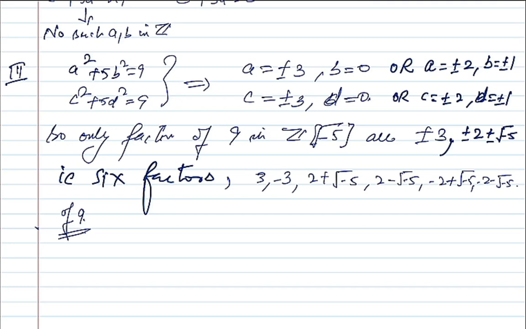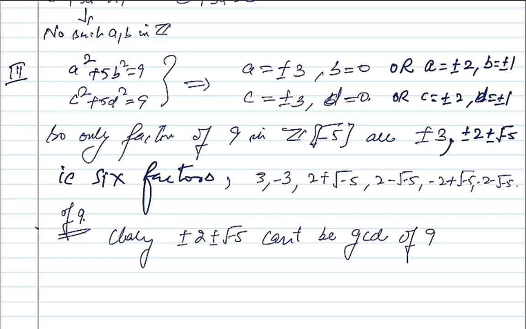So let's see. Now clearly, plus minus 2 plus minus square root -5 can't be a GCD of 9 and -3 plus 3 square root -5, because it does not divide -3 plus 3 square root -5.